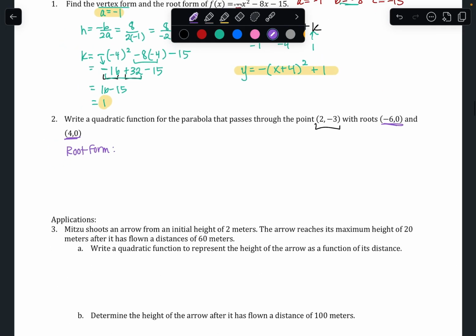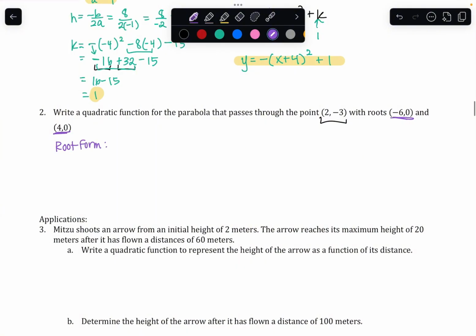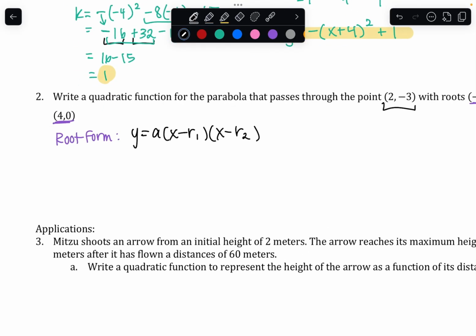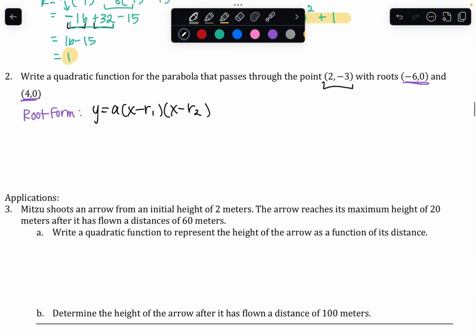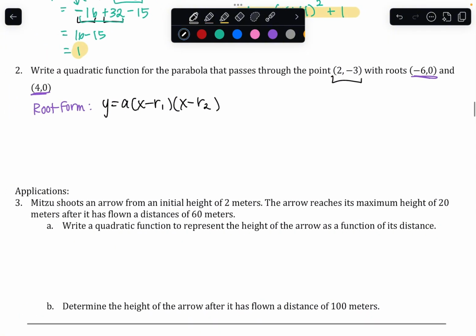For root form, it's y equals a times (x minus one of the roots) times (x minus the other). You can view those minus signs as opposites. So if one of my roots is -6, I'm going to see an x plus 6. My other root is 4, so I'm going to see an x minus 4.